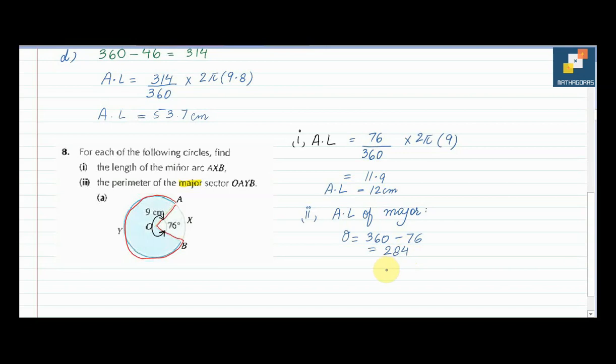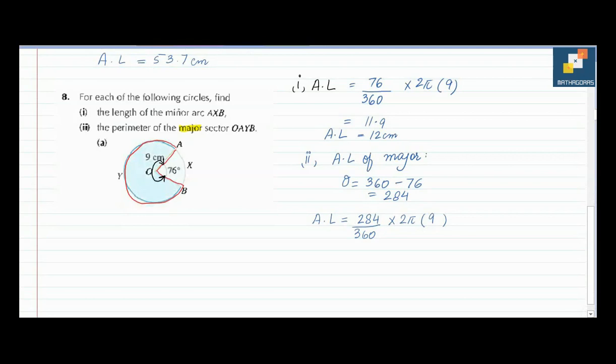That means the angle of the major sector is 284. So the arc length is angle divided by 360 multiplied by 2 pi r. The value of r is known, that is 9.